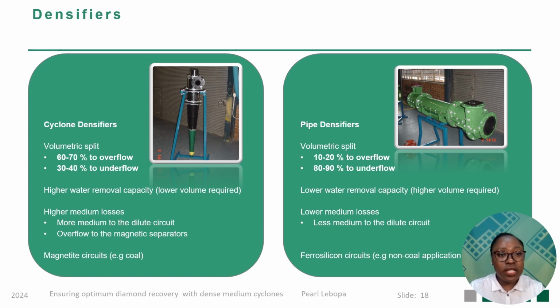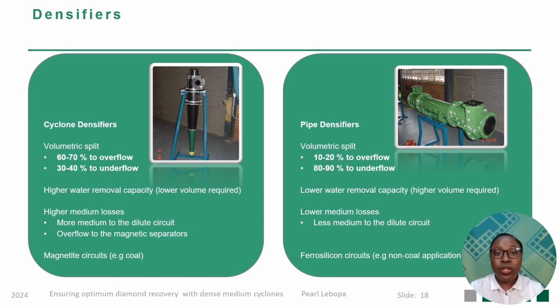The cyclone densifiers have high water removal capacity, meaning that less volume is required to be processed through the cyclone densifier. However, there are higher medium losses on the cyclone densifiers, meaning that more medium is going to be sent to the dilute circuit and overflow to the magnetic separators. The cyclone densifiers are commonly used on magnetite circuits such as coal applications.